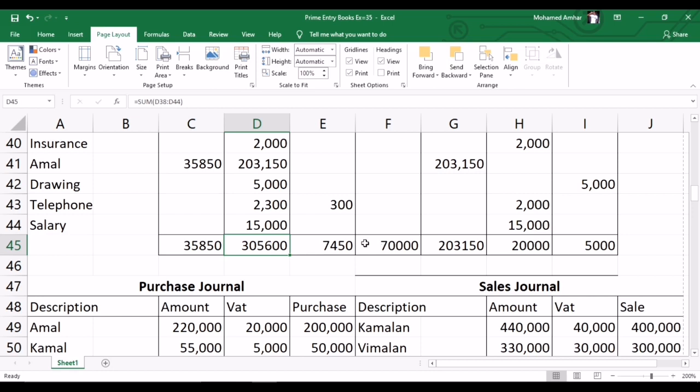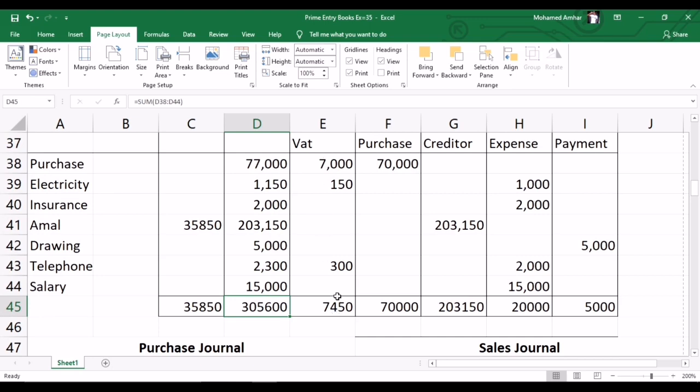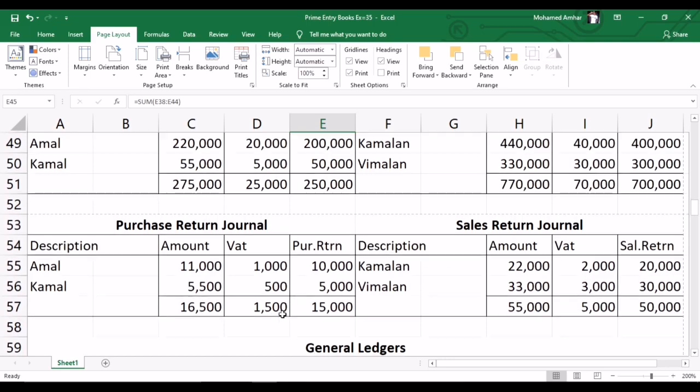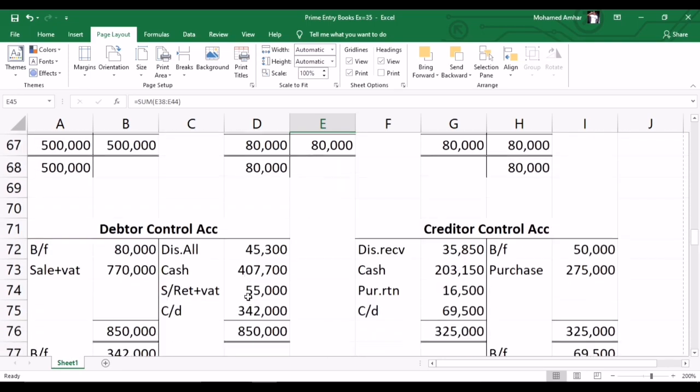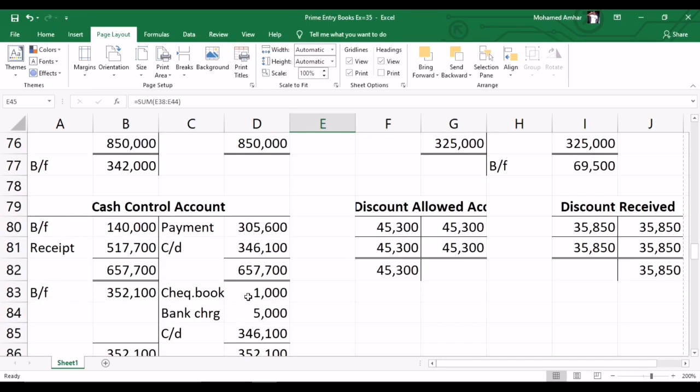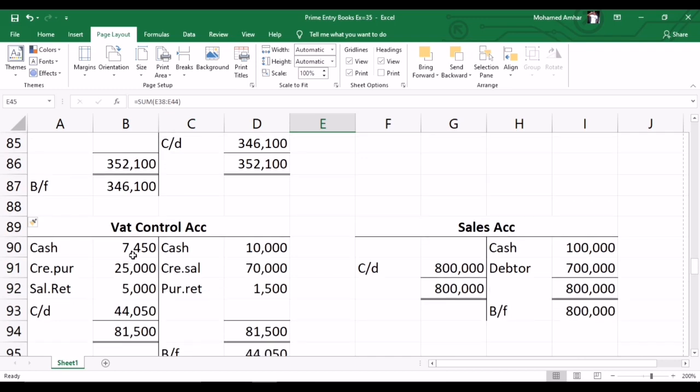Now you have to debit these breaks. Debit this break to VAT account 7,450. So debit the VAT account here 7,450. Write the narration cash.